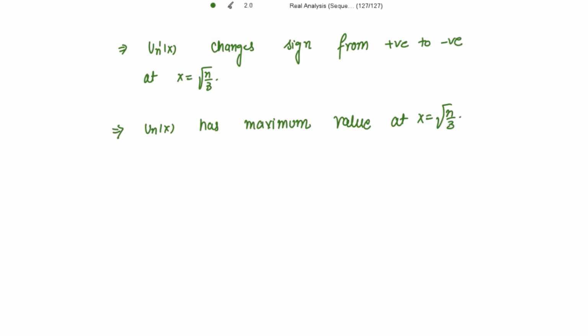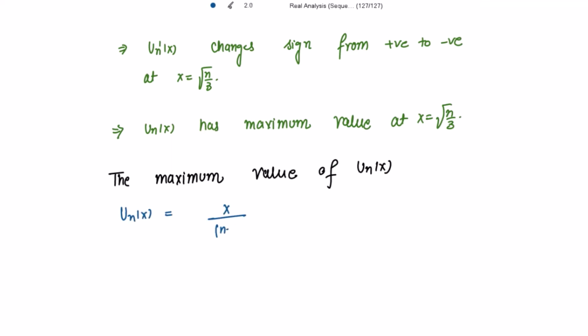And let's find the maximum value. What is un x? It is x divided by n plus x square whole square, right? So at x equal to square root of n by 3, we are getting the maximum value of un x.